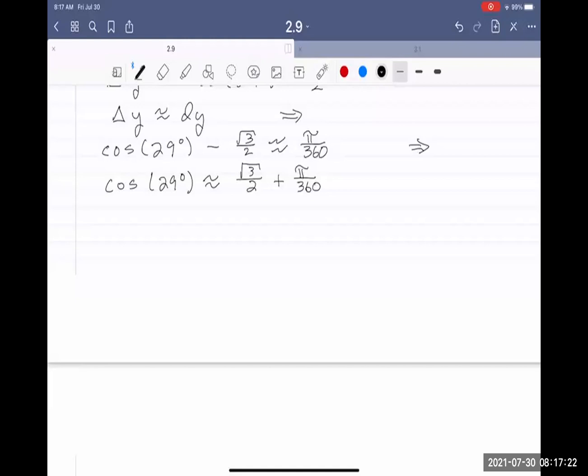And there's a way to compute pi without a calculator. So you could do this all without a calculator, and you get 0.87475205. And so that's what it's approximately equal to. Any questions about that?